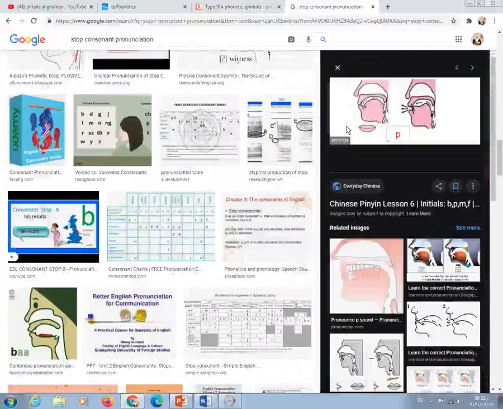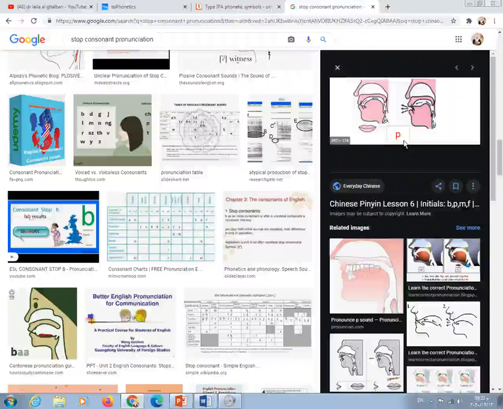Number one, this is a closure, بنقفلها اهوت في حالة ال p. Okay, we have closure. The two lips are closed, making firm contact as you see, and then air is compressed. الهواء اهو متجمع after the closure. هذا القفلة اهوت, وبعدين air is compressed or built up, بيتكون.